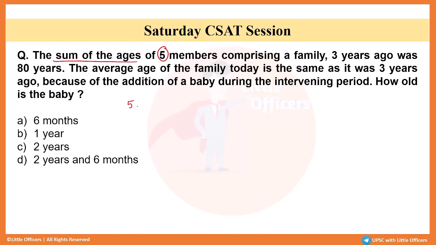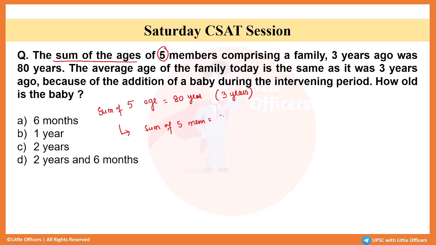So that means the sum of the ages of 5 members is equal to 80 years. But there is a catch. When is it? It was 3 years ago. Let's say if we take the present, what could be the sum of the 5 members' ages?